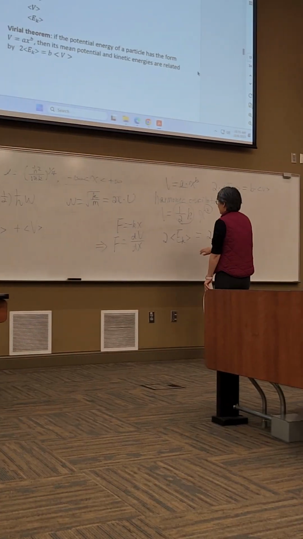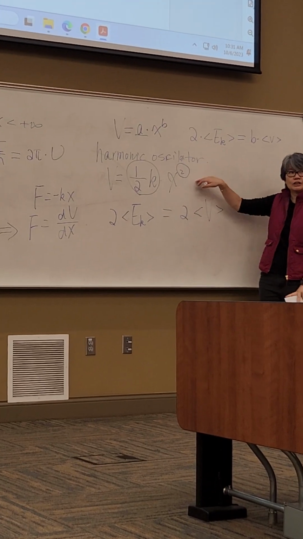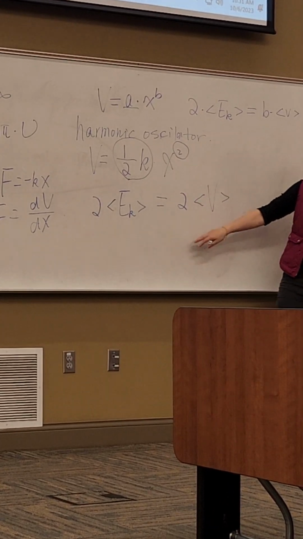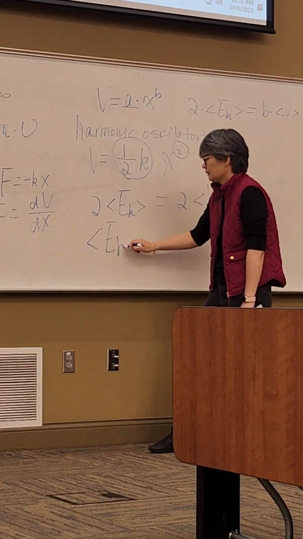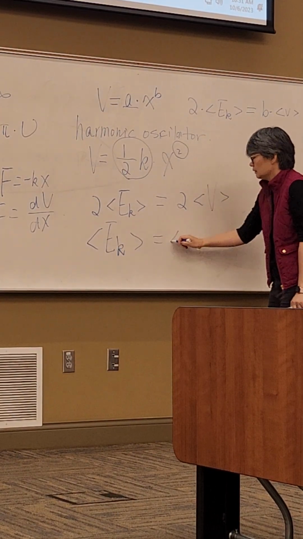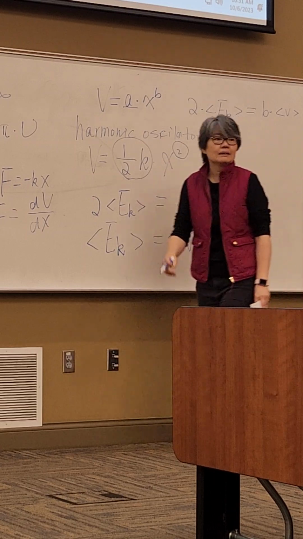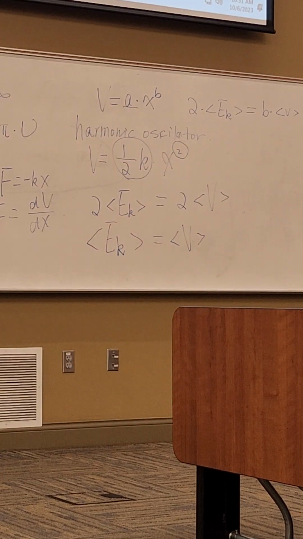Okay, so what does that mean? That means based on this theorem, we have a shortcut. So there's a relationship between the average of what? They're exactly the same. That's beautiful. Why is that? Because I have an expression for the total energy.